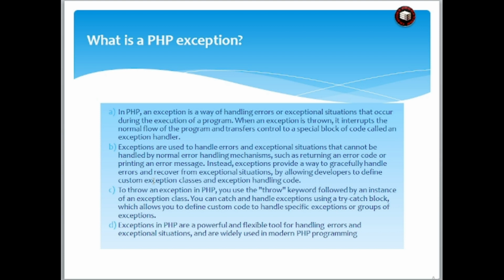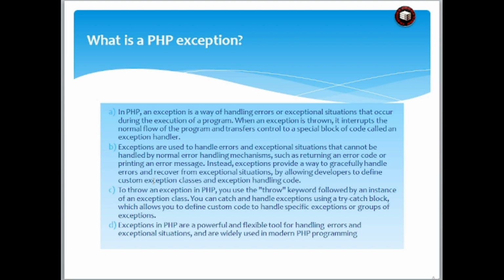Exceptions are used to handle errors and exceptional situations that cannot be handled by normal error handling mechanisms such as returning an error code or printing an error message. Instead, exceptions provide a way to gracefully handle errors using custom exception classes and exception handling code.